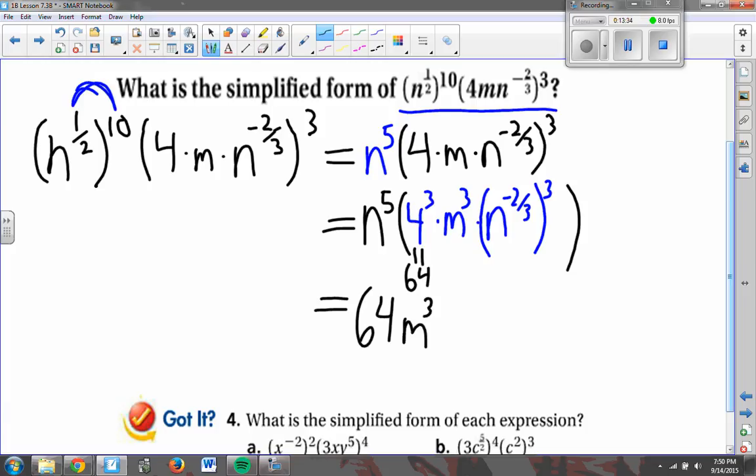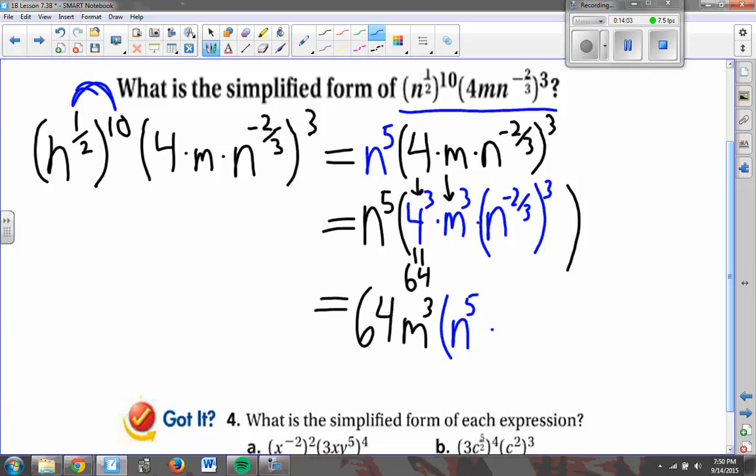So now I've used this piece right there and this piece right there. My other two pieces I still have to deal with a little bit. So now what I have is 64, which came from there, m to the 3rd, which came from there. And now I've still got this n to the 5th power times, my other piece also has an n in it, but I'm taking n to the negative 2/3 and raising that up to the 3rd power.